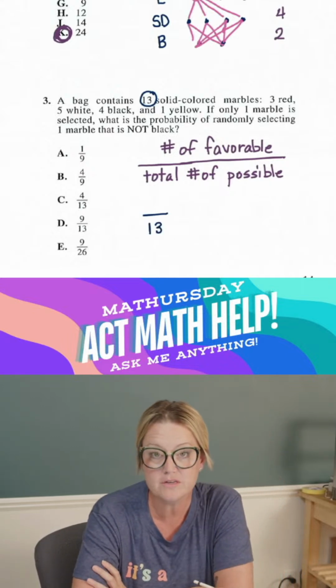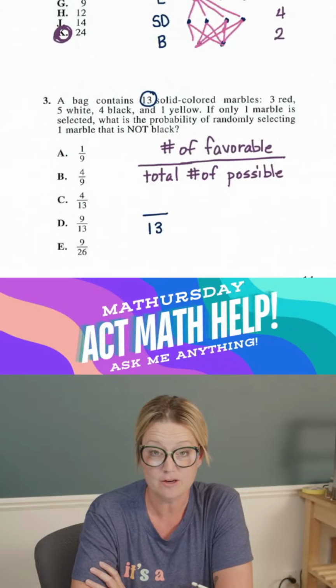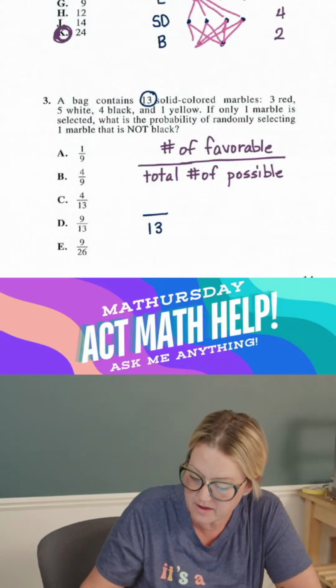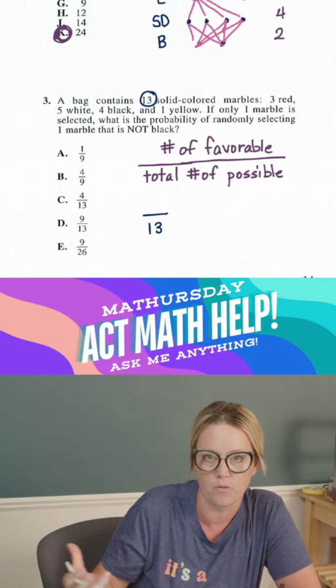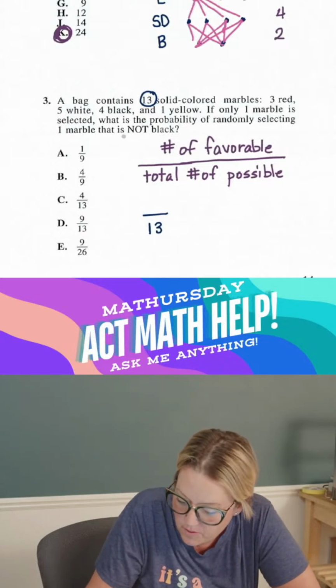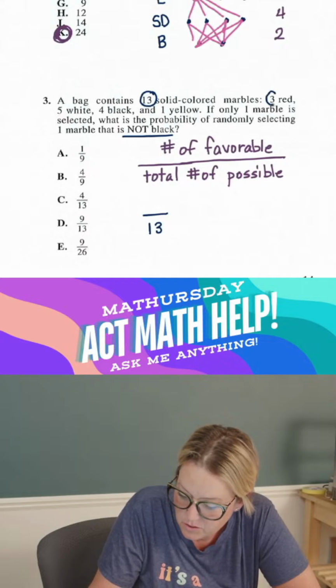I've got 13 solid colored marbles. If I'm reaching in to grab one, there's 13 possible marbles that I could grab. Now the number of favorable, the ones that we're paying attention to, is any marble that is not black in color, so that gives us 3 red, 5 white, and 1 yellow.